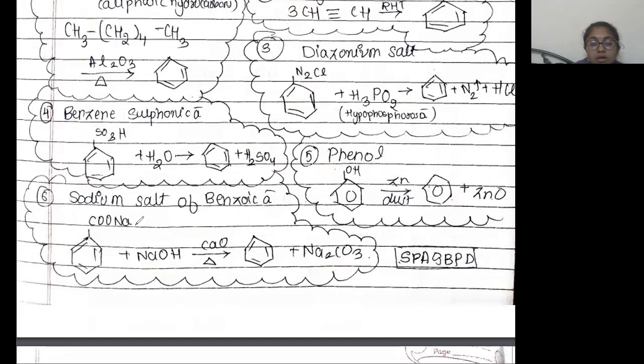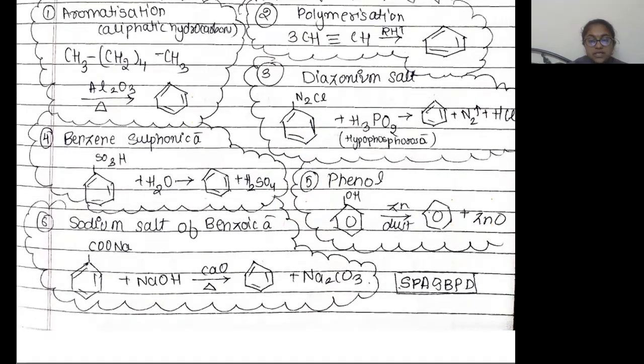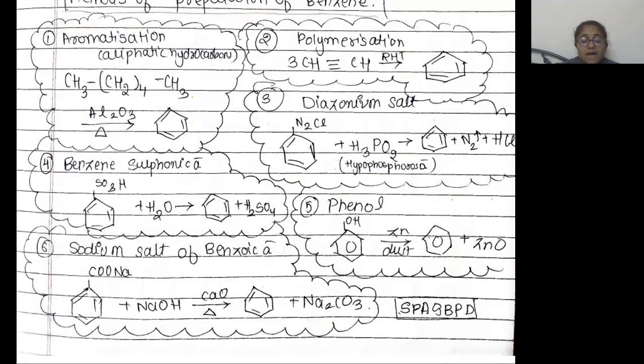Okay, so these are all the methods of preparation of benzene. Now, how we will remember these? Again, for this, we have one more shortcut, that is SPA, SBPD. Okay, so this sounds somewhat unique. The first SB stands for sodium salt of benzoic acid.